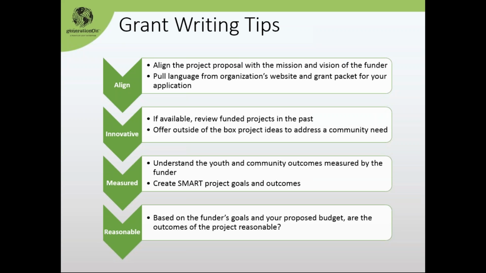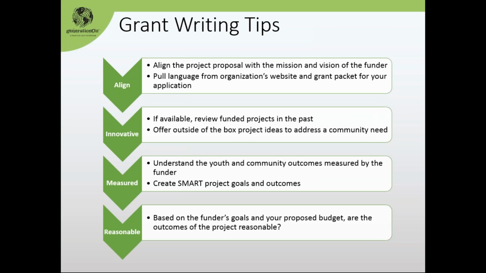All right, so let's jump in. The first characteristic that I want to talk about is alignment. You want to make sure that your project proposal aligns with what the funder is trying to accomplish. A lot of this information will obviously be in the grant application packet. For example, Make Your Mark on Hunger: every project that we see has to be a part of addressing the issue of hunger.